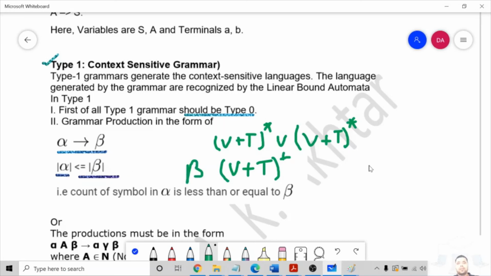So we cannot have a production like A tends to epsilon, because alpha must be less than or equal to beta. That is why it is called non-contracting: either it is equal to or it is less than the length of beta. Okay, so this is called type 1 grammar.